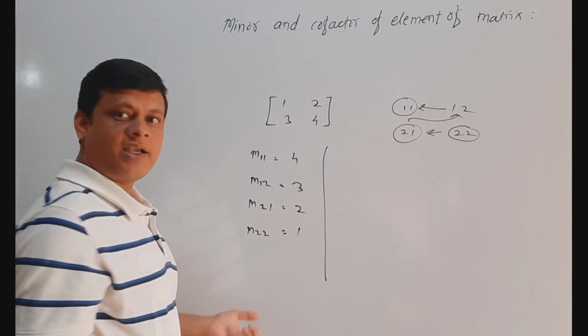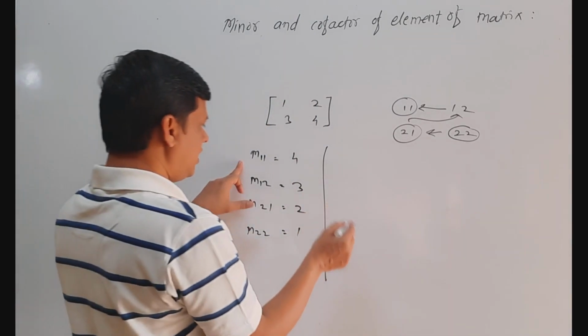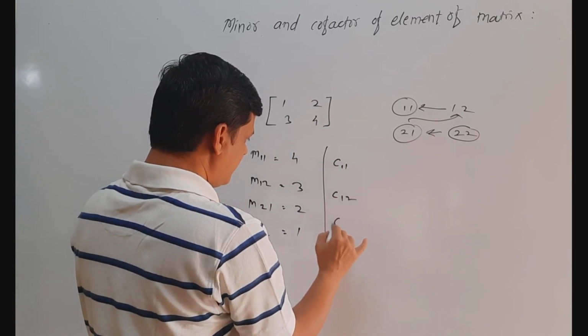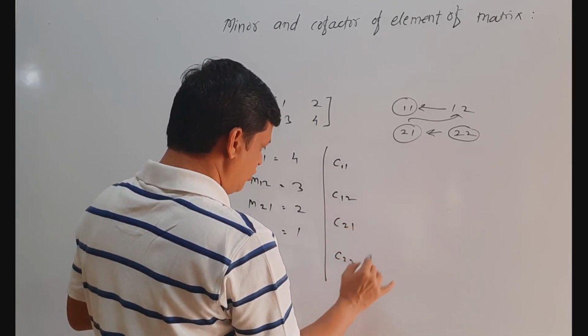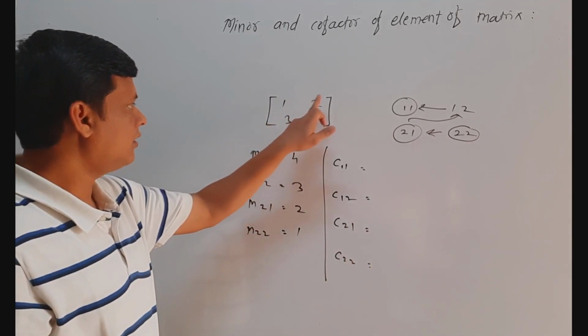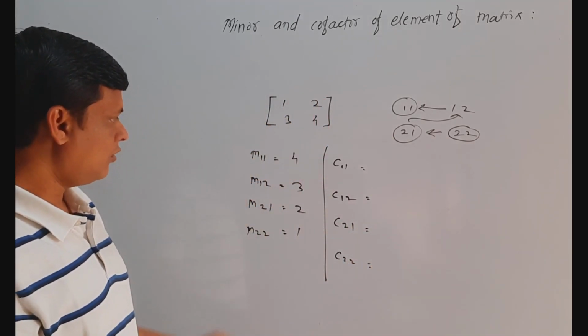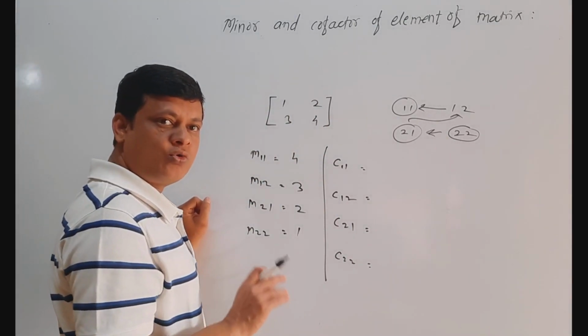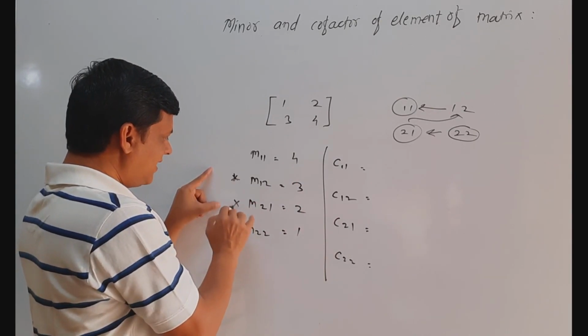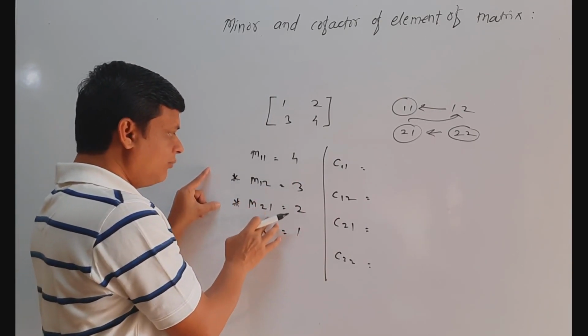So while writing the cofactors, see what we have to do here. C11, C12, C21, C22 are the cofactors of element 1, 2, 3, 4. Now while writing the cofactor, we have to change the sign of these two minors, that is m12 and m21.